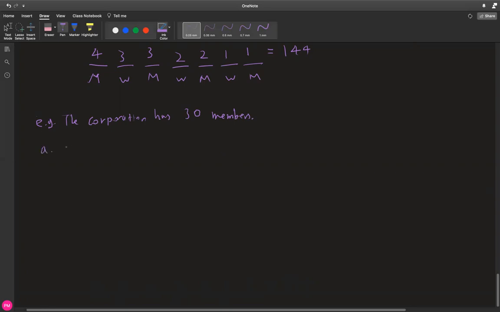And how many different ways can you choose 4 people? So how many different ways do you have to choose the president, a vice president, a treasurer, and a secretary?